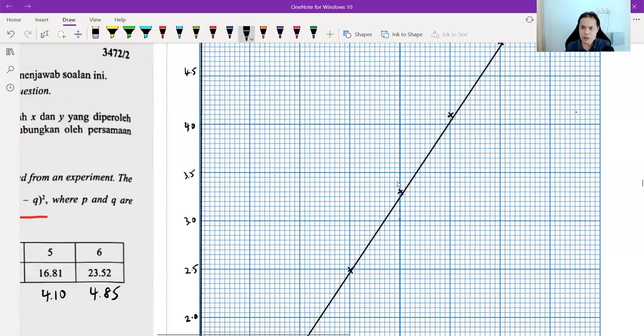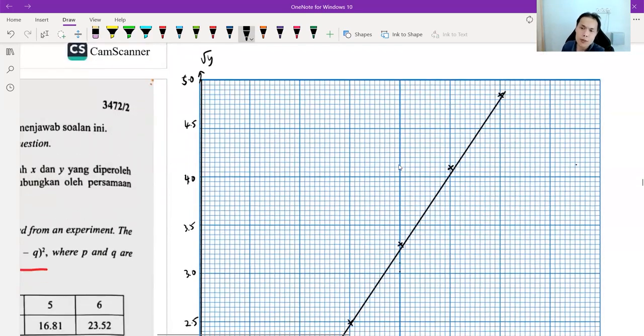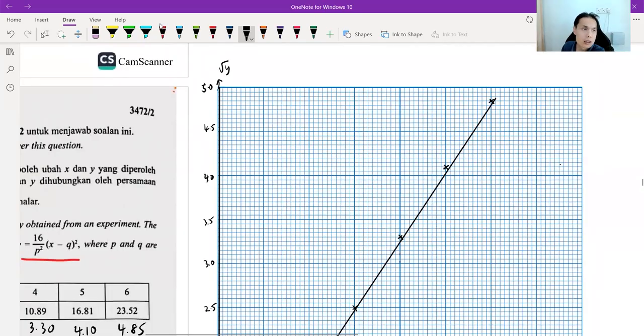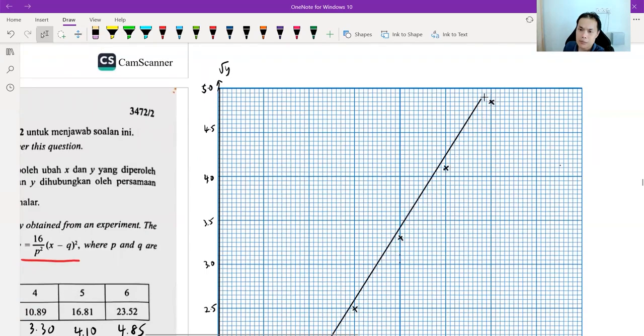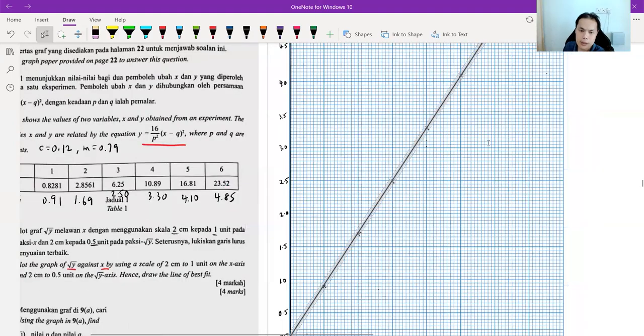Okay, but I think we still need to do some adjustment. You can see my 3 points are above, so let me adjust this a little bit. Move this up a little bit to here. See, this is a little bit better. Let's see whether it passes through all the points or not.